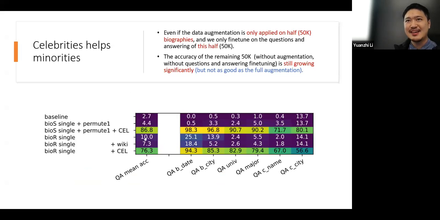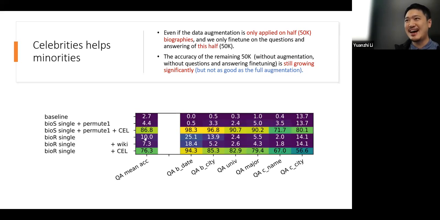And then we also consider doing augmentation on only a subset of people. We call this subset celebrities. In practice, you have celebrities whose data are rewritten multiple times, but then you have some particular person, such as me. My biography is probably only on my website page.